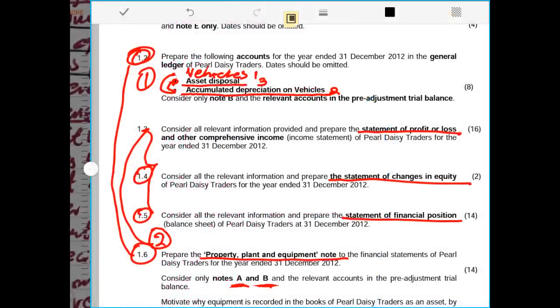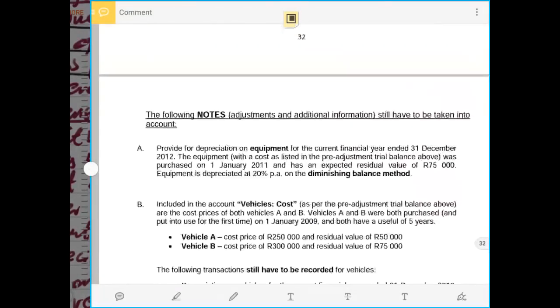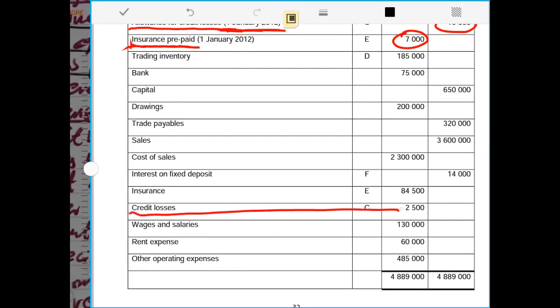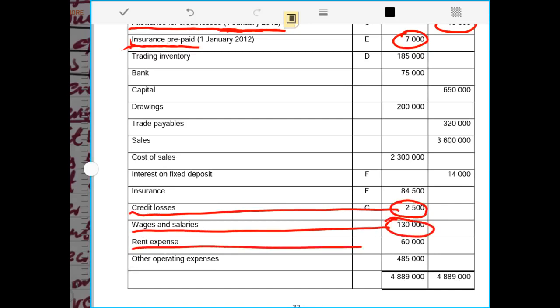Let us just see that we have an amount of credit loss being 2,500. Write that amount as it is. Salaries and wages 130,000 rands, rent expense 60,000 rands, other operating expenses 485,000 rands, insurance 84,500 rands.